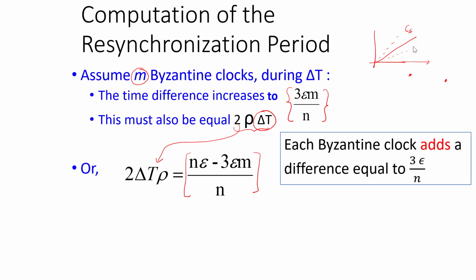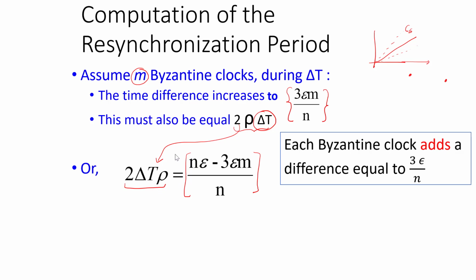Ideally speaking, if we want to correct the clock by this factor, it should be upper bounded by the time that the clocks would have drifted in a given time interval. So the upper bound of this is 2 delta t times rho. The proof of this is in the previous lecture.